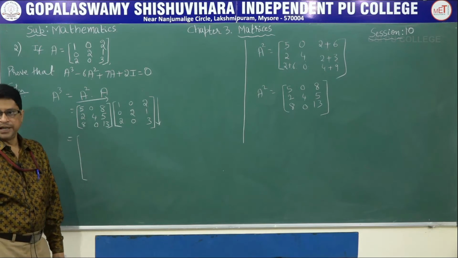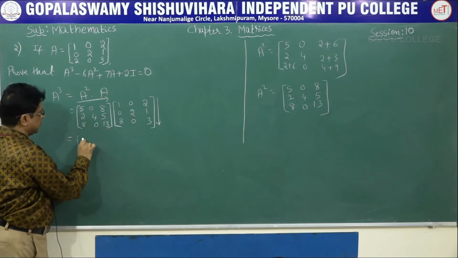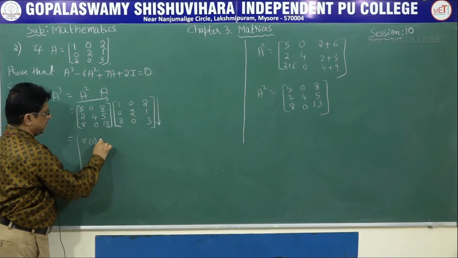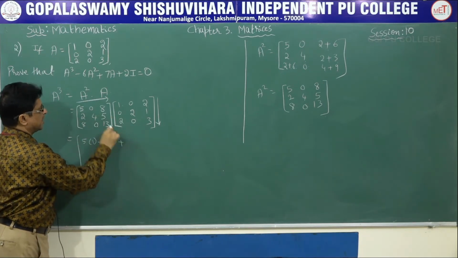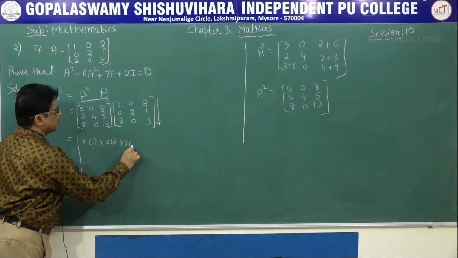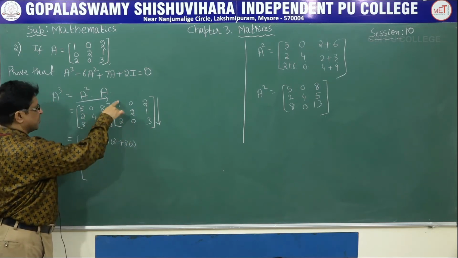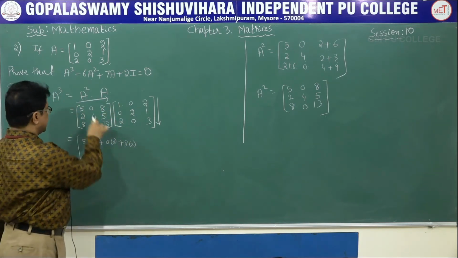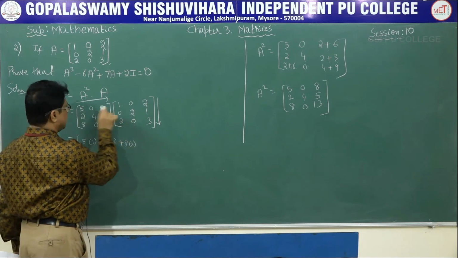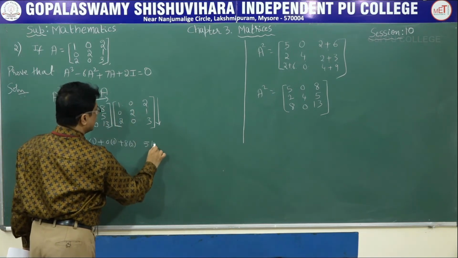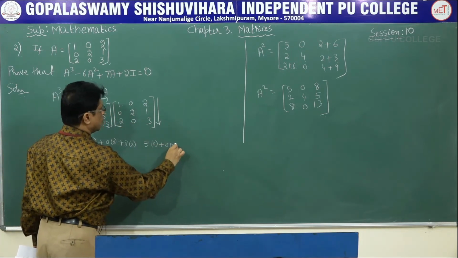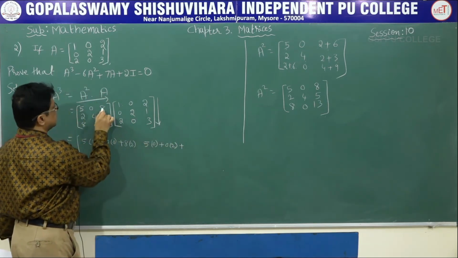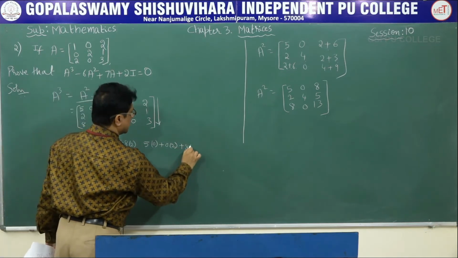So that will be equal to 5 into 1 plus 0 into 0 plus 8 into 2. So first row into first column. Next is first row into second column: 5 into 0 plus 0 into 2 plus 8 into 0.